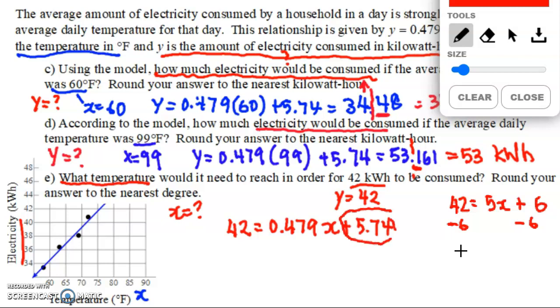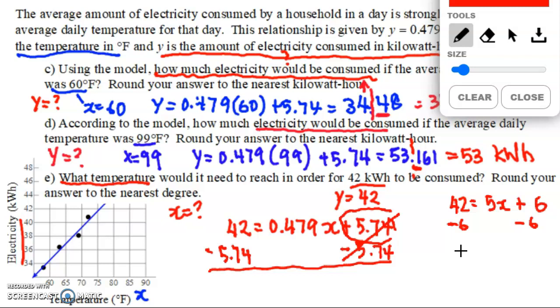Same thing here, you would try to get rid of this first. Adding 5.74, how do I get rid of adding 5.74? You subtract 5.74. That leaves me with, and this goes away because plus 5.74 minus 5.74 is 0.